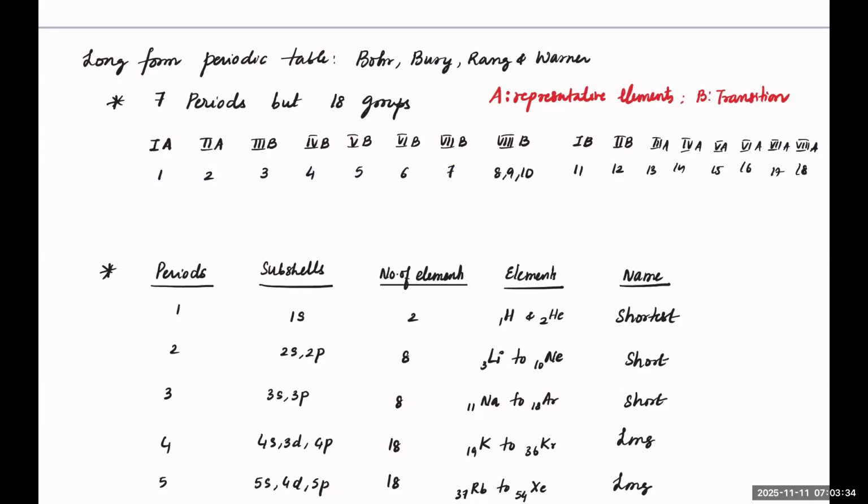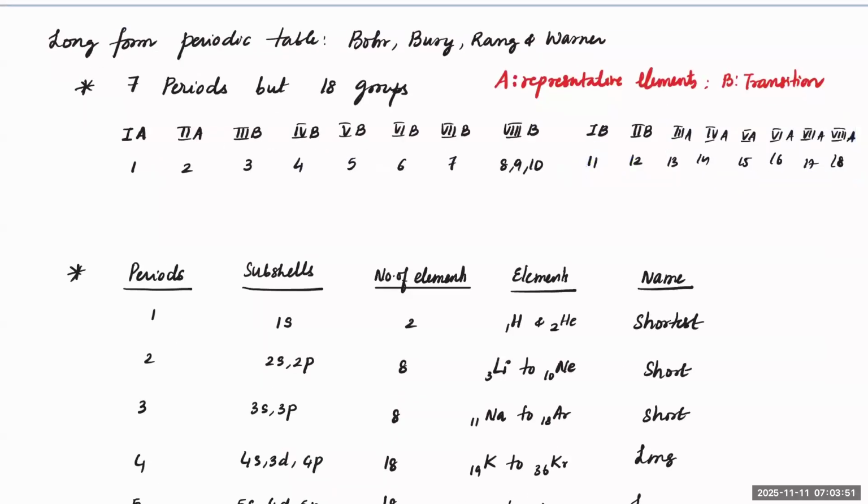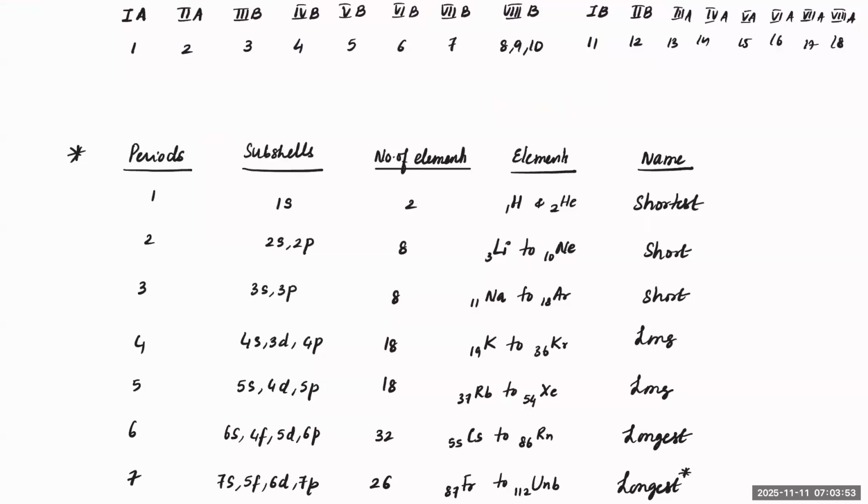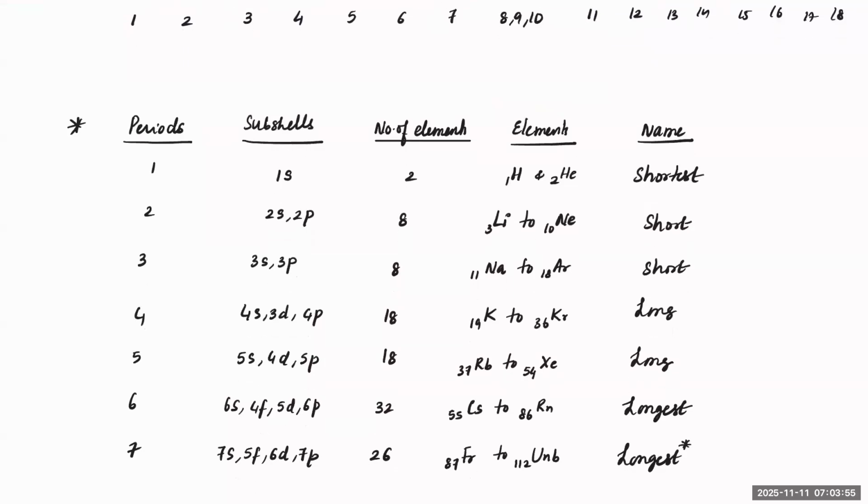After 7, 8, 9, 10 groups are being clubbed and they are called as 8B. Then we have 1B onwards up to 1B, 2B. Then we have 3A till 7A. So these are the ones which we had.